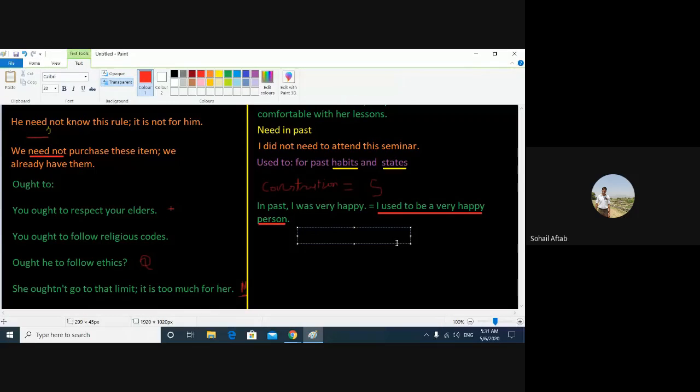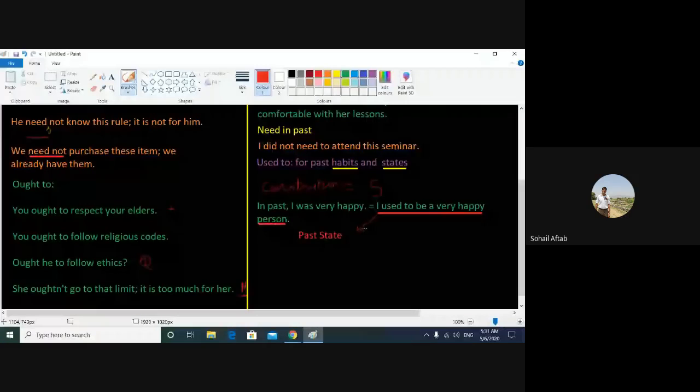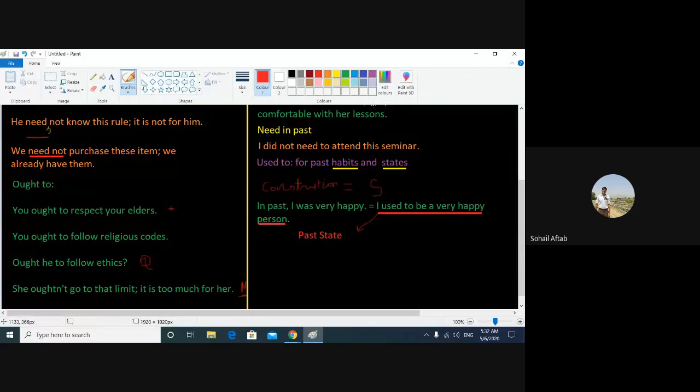Here we have a past state sentence. Now, what kind of habits can we discuss? We can discuss all kinds of habits which we repeatedly did in our past by using the used to structure.